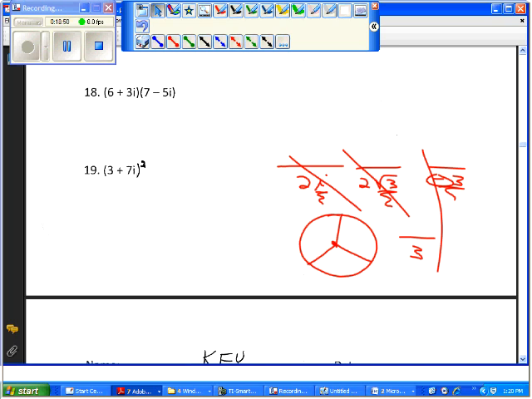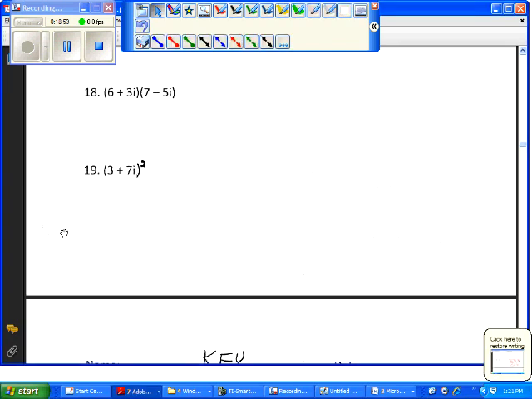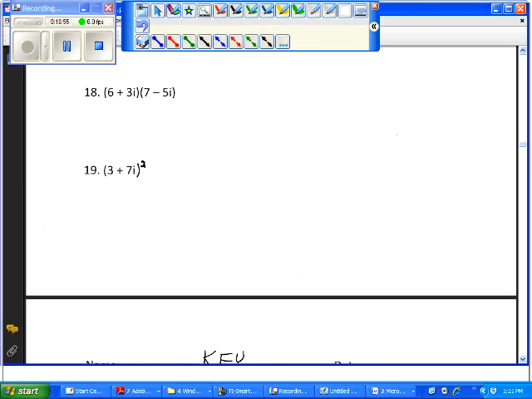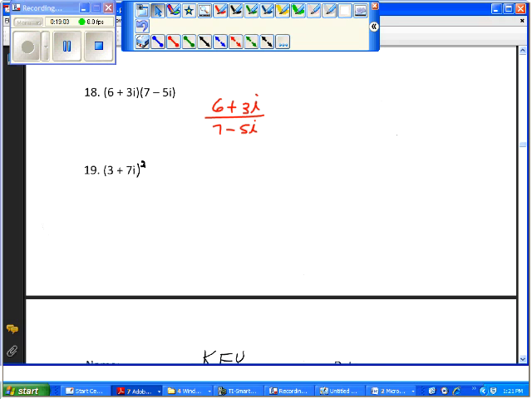I want to show you an example. Let me just show you one. Let's say this was 6 plus 3i over 7 minus 5i. Well, I don't like that i down there, just like I didn't like a radical down there. How could I fix that? This is not one of the problems on the page. We're just talking about it. How did we fix the radical problem when it looked like that?